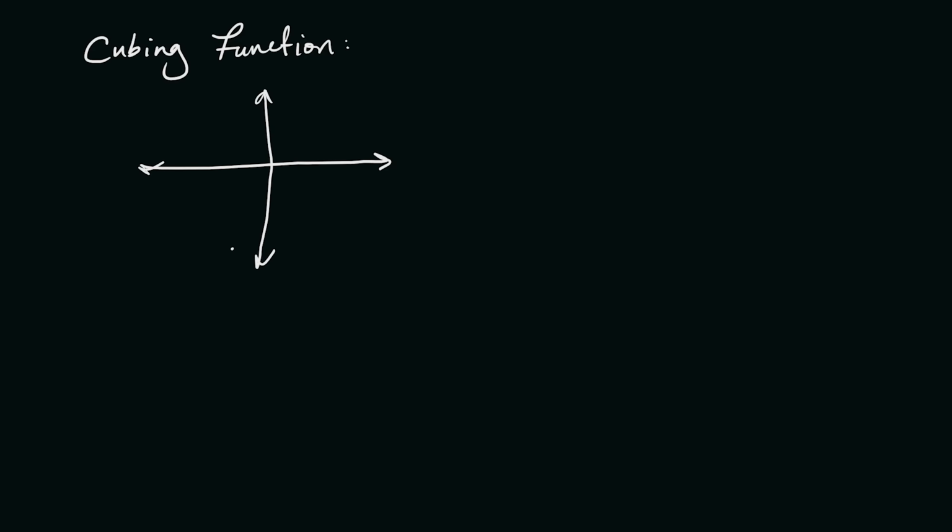We're almost done with all of the functions that we have here. So our next function is the cubic function. On the graph, it's going to look something like this. It's going to go upwards, stay in the middle for a little bit, and go back up. Now it's y equals x cubed.